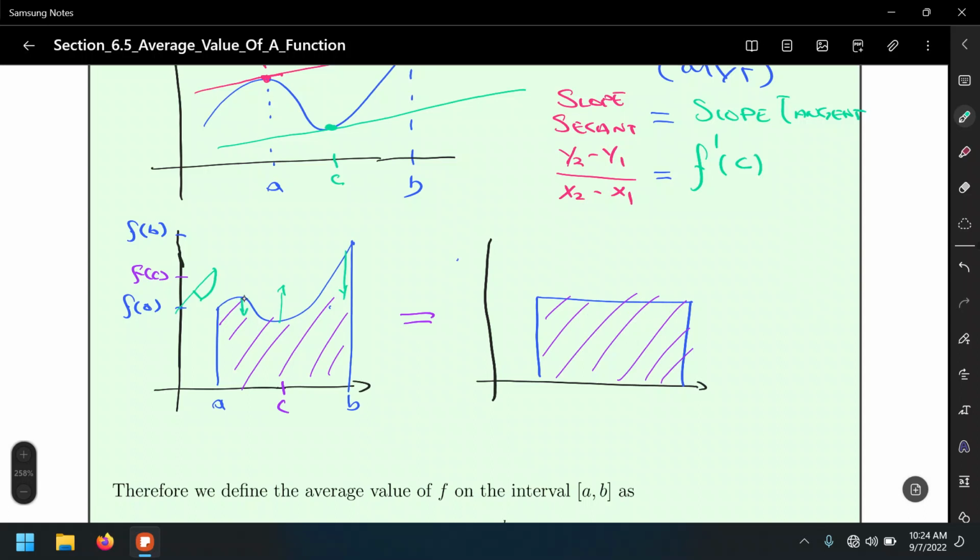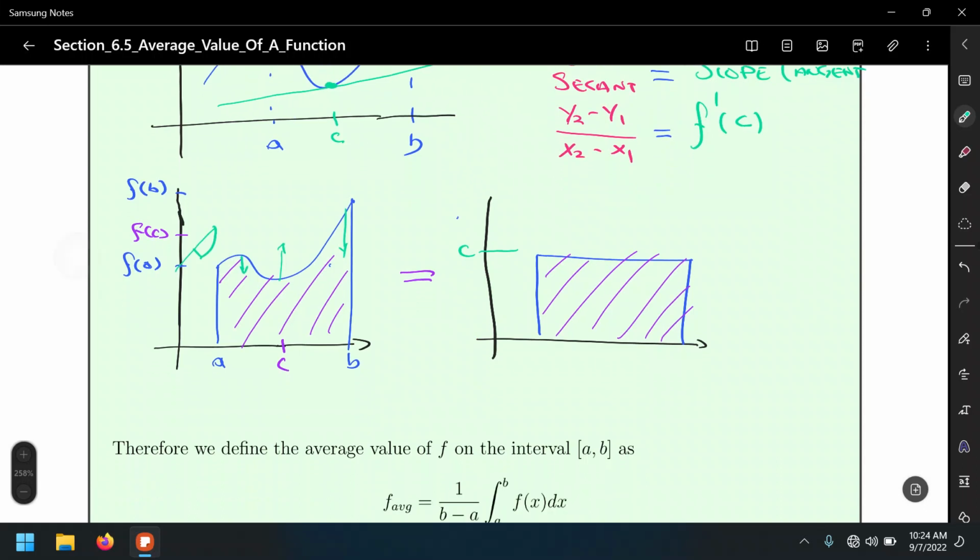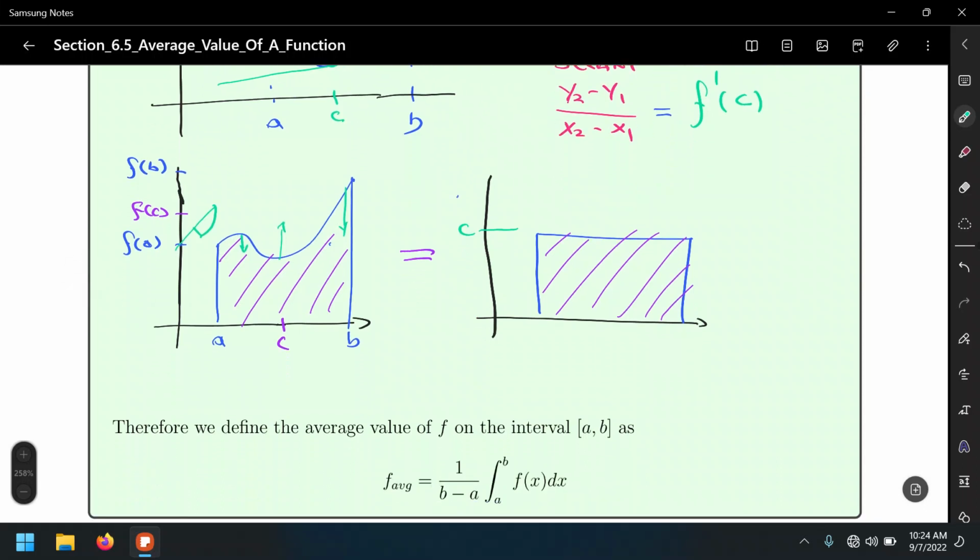So what's going to happen? Well, when I push down, push up, and push down, I'm going to get like an average, right? So once we do the process, those two areas have to be the same. And so this is what the f average value actually is.